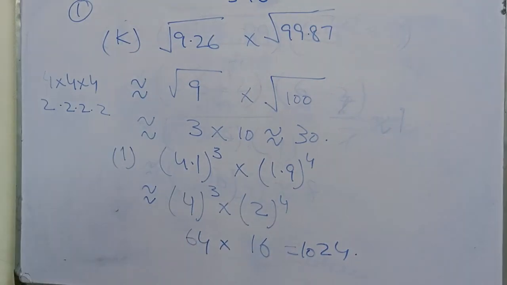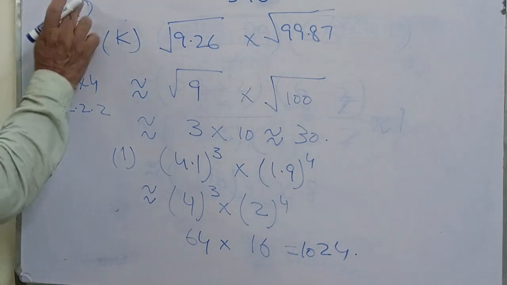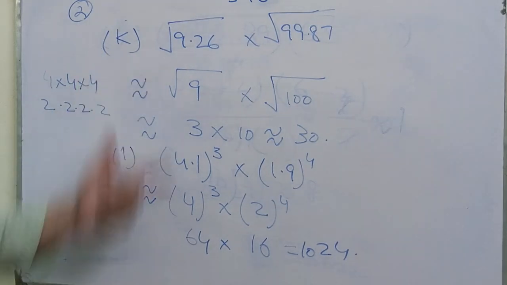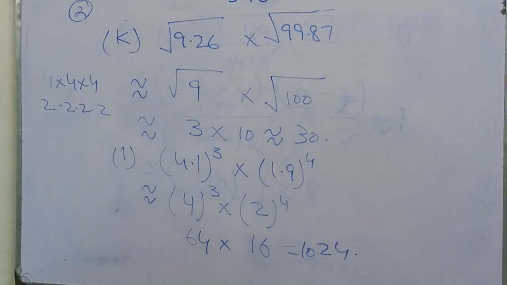Okay. Now this exercise has been finished, but there is still one question left. What does the next question say, that is question number 2? Do all the questions with the help of a calculator. Now it is very easy for you to use the calculator and just find the difference.